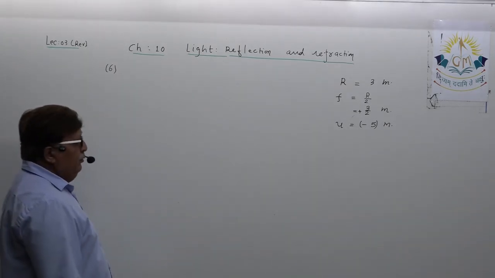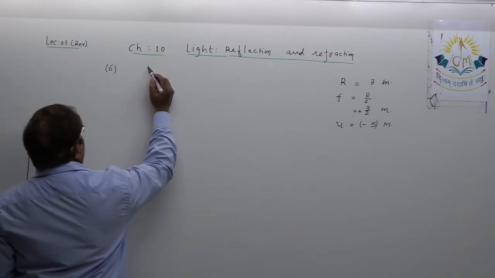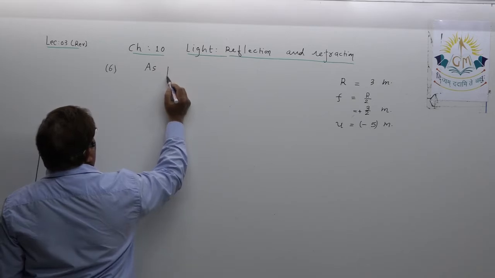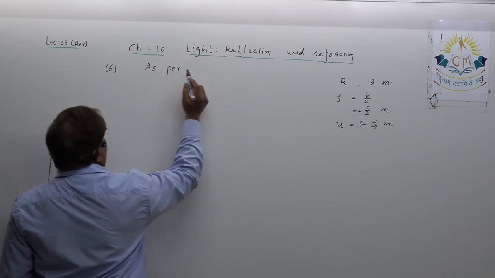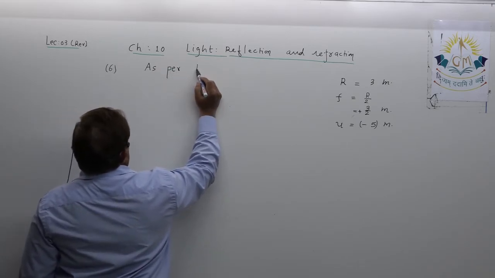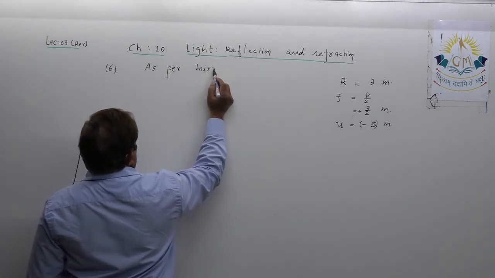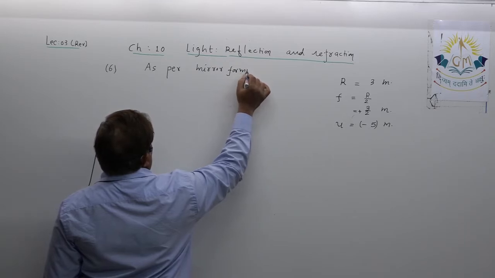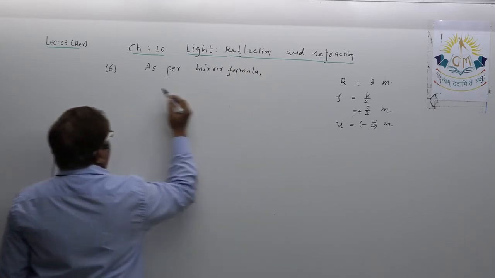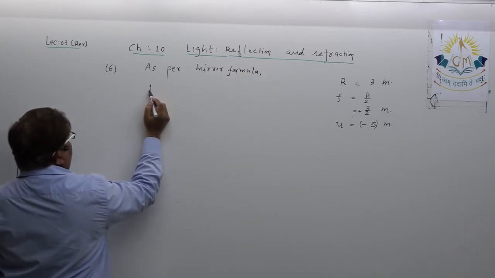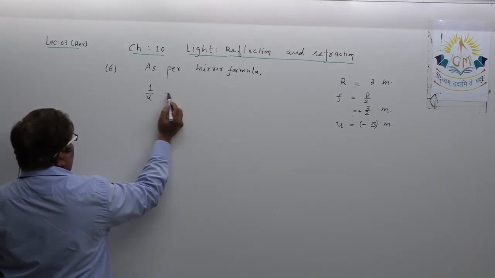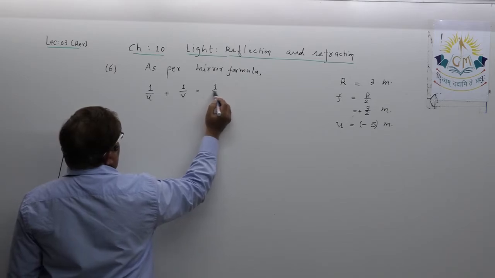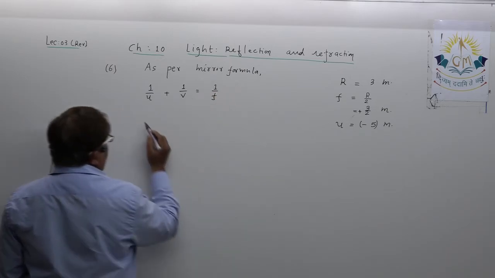Okay. Now you will write this way. As per the mirror formula. This is compulsory for you to write. 1 upon u plus 1 upon v equals 1 upon f.